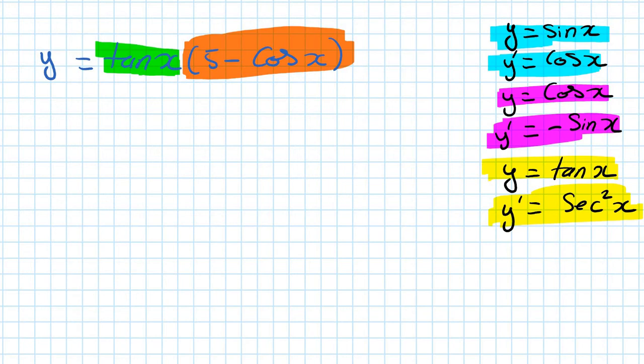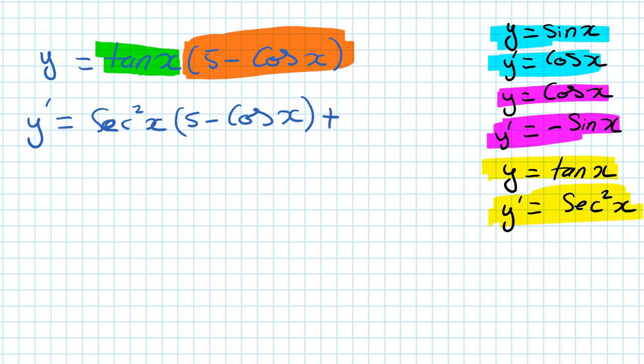So differentiate 10x, I get sec squared of x, and then times the second function, because it has more than one term, of course, I open curly brackets, 5 minus cos of x. And then plus the differentiation of 5 minus cos x: derivative of 5 gives me 0, derivative of cos gives me minus sine, and minus gives me a plus, so which is sine x.